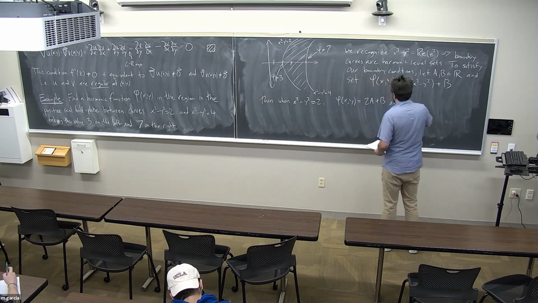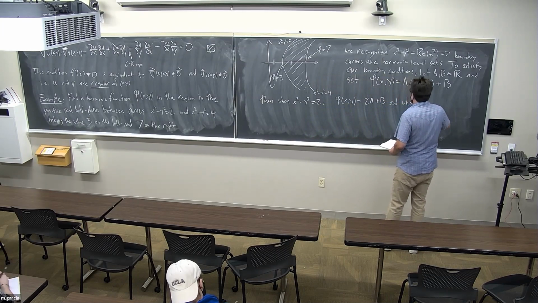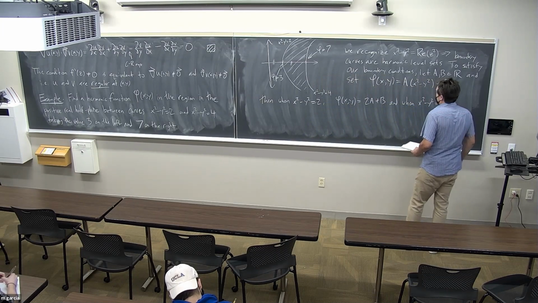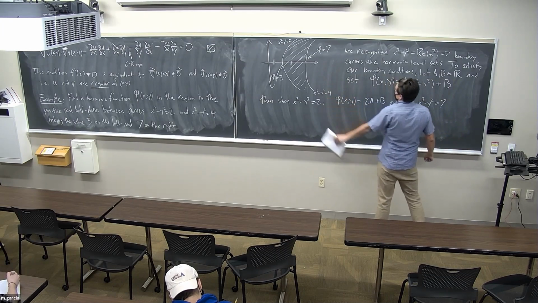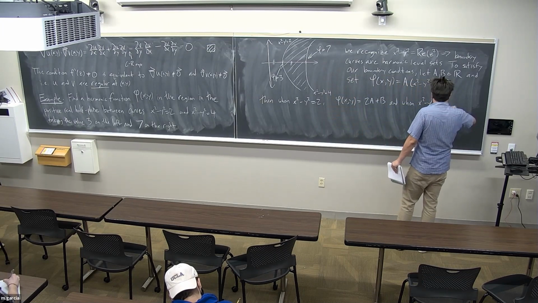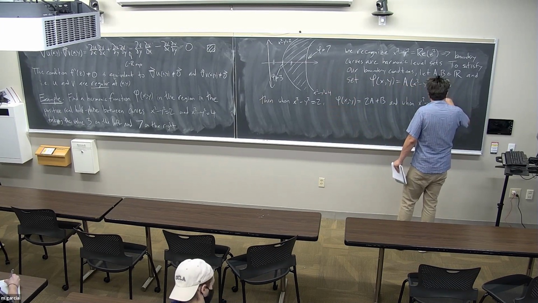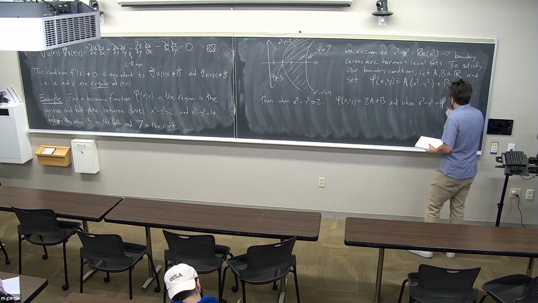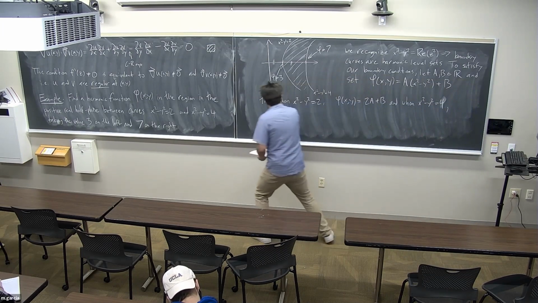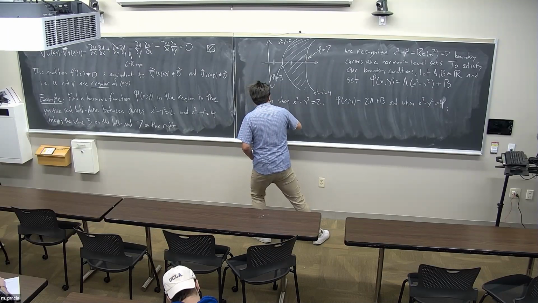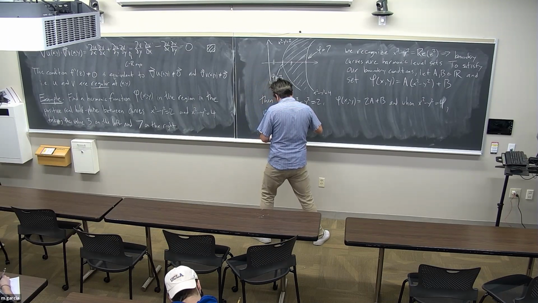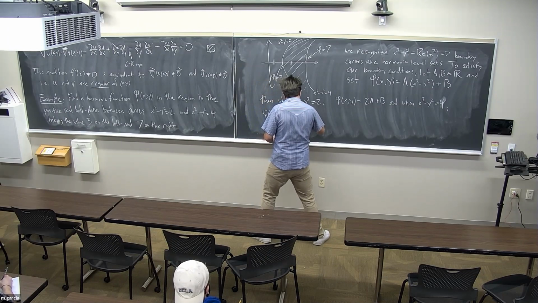And when x squared minus y squared is equal to 4, sorry, that is our right bounding curve, we get phi of x comma y is equal to 4a plus b is equal to 7.